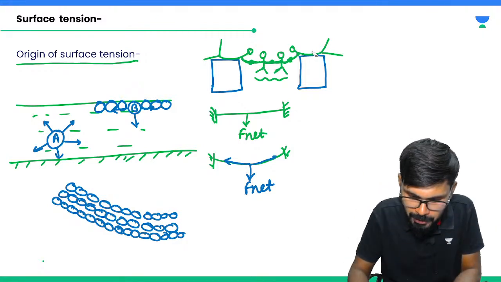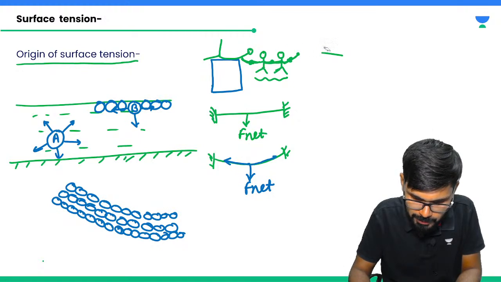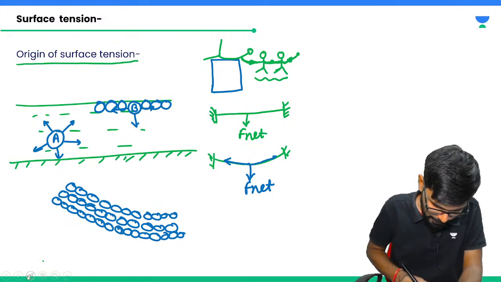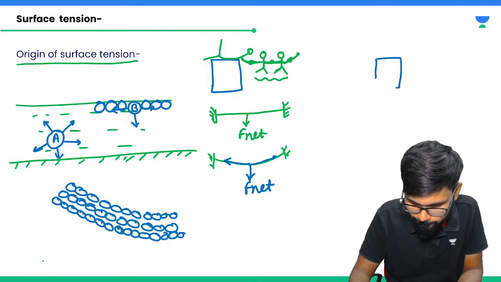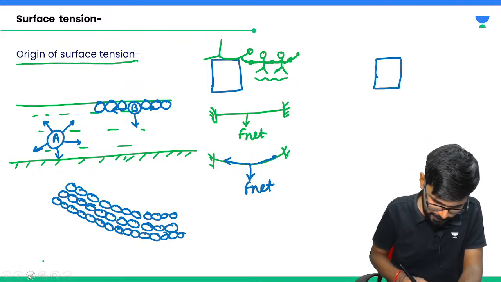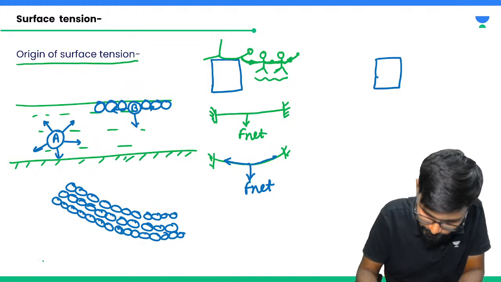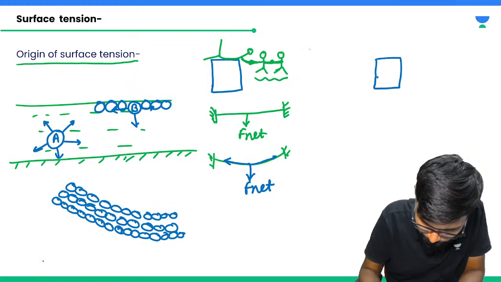Look, maybe this building is very big, right? Let's say something like this. I will make you understand. Suppose another building is somewhere here. So here one person is there, here another person is there.